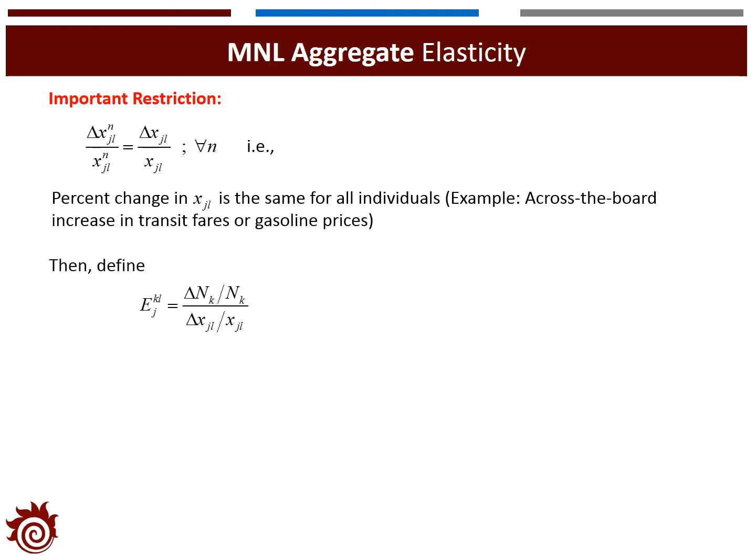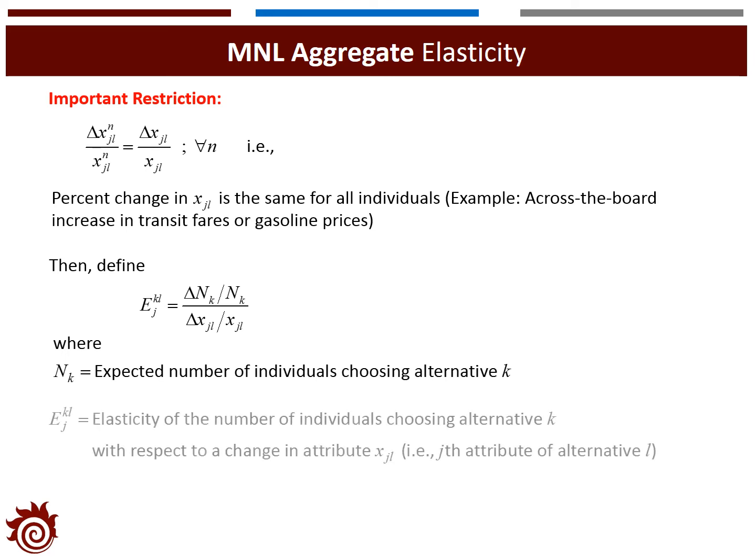We also define the aggregate elasticity E_kl^j as (delta N_k over N_k) over (delta x_jl over x_jl). Here, N_k is the expected number of individuals choosing alternative k, and E_kl^j is the elasticity of the number of individuals choosing alternative k with respect to changes in attribute x_jl.